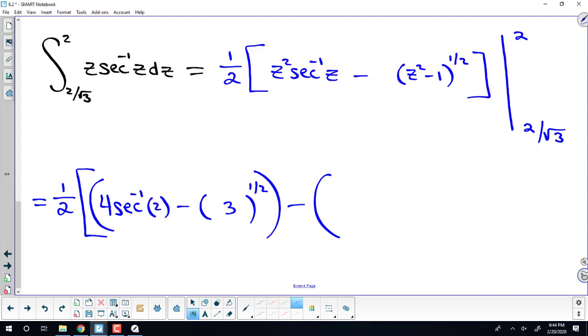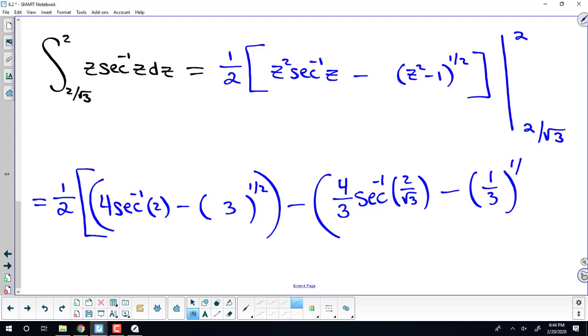So 2 over root 3 squared times inverse secant of 2 over root 3 minus 2 over root 3 squared, which would give 4/3 minus 3/3 is 1/3, to the 1/2. There's f of a.